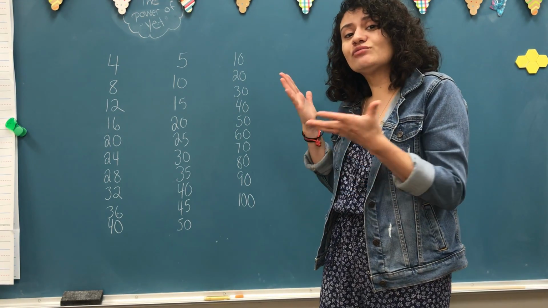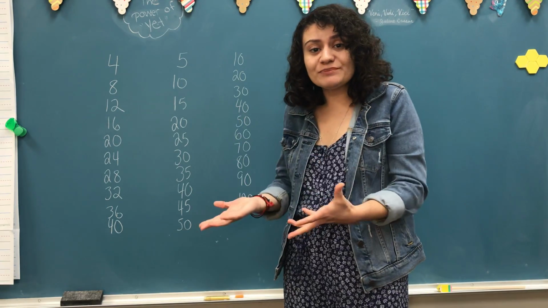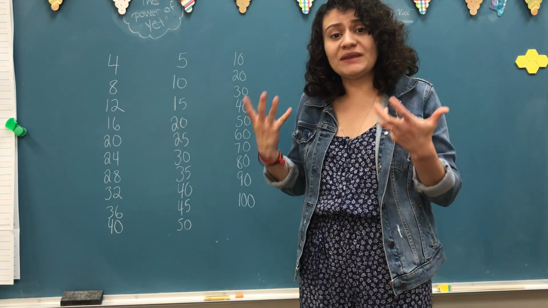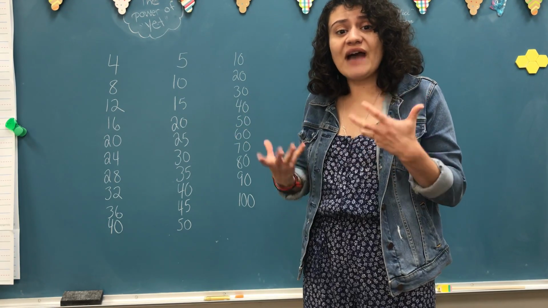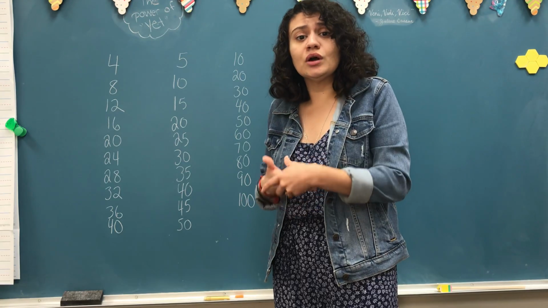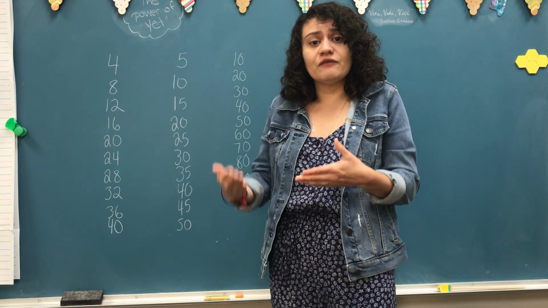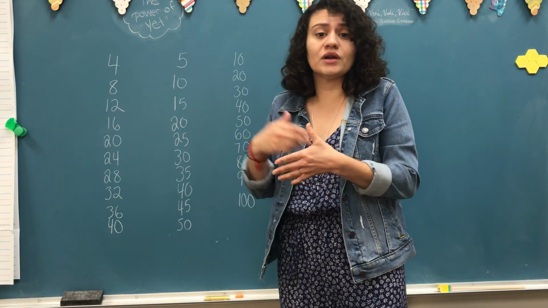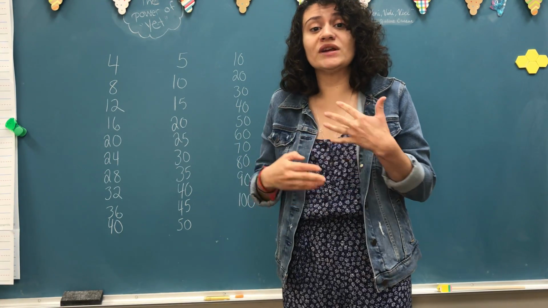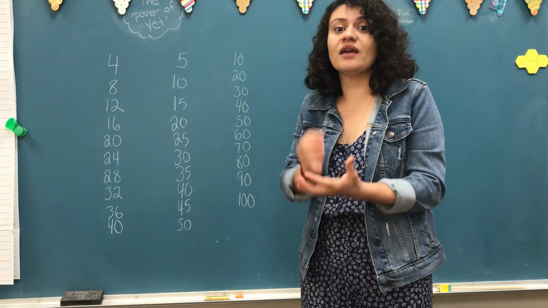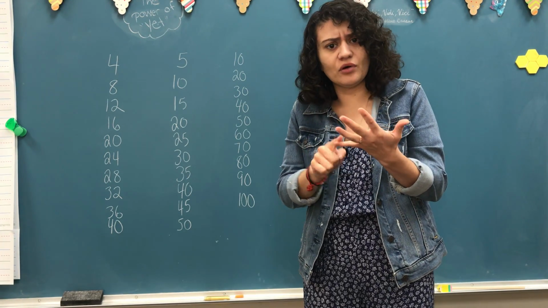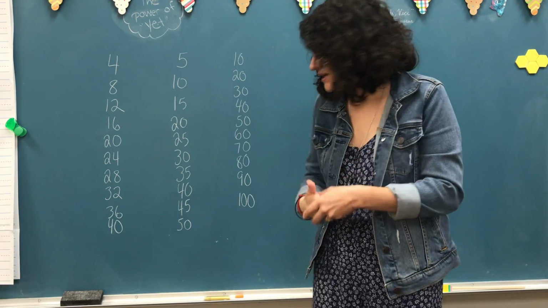What I want us to remember about multiplication and division, remember, multiplication is that repeated addition. When I have a problem that says 4 times 2, what it's really saying is 4 plus 4 equals. Or if I have one that says 4 times 6, it's just saying 4 plus 4 plus 4 plus 4 plus 4 plus 4 equals, right?